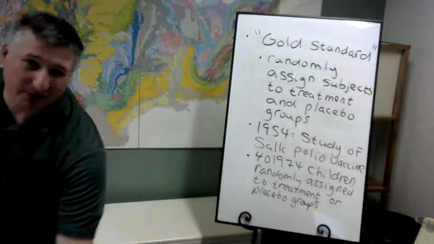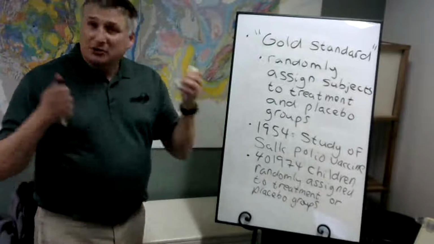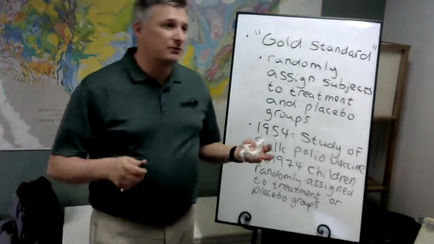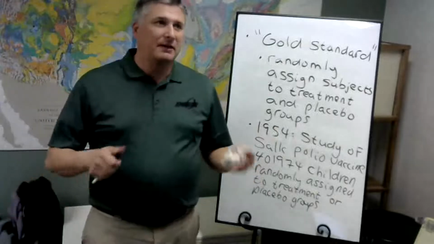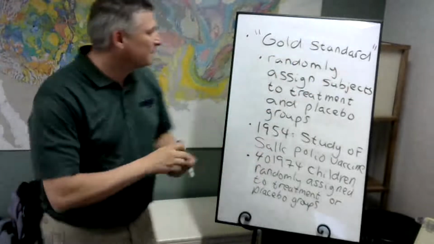So over 400,000 children. Now, I'm not sure how they selected the 400,000 children. We're going to get into some of that later. But once they've been selected, they had to be broken up into two groups.